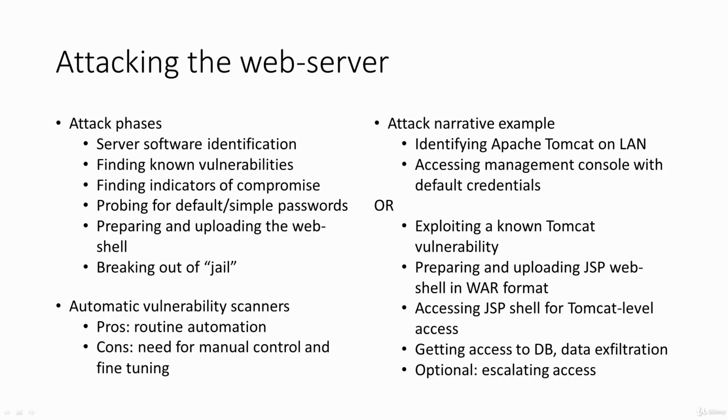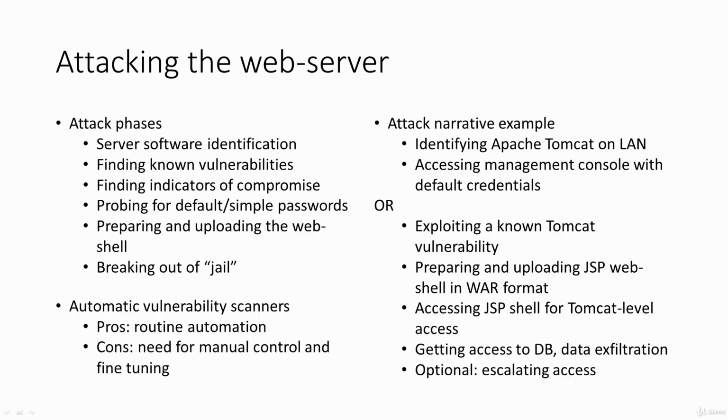Optionally, if the credentials are not default, but the Tomcat installation was not updated recently, for some period of time, you can find a vulnerability that can allow you to get remote code execution, or there are ways to upload JSP to the Tomcat server without actually logging in. There is a way to circumvent that authentication control. There are exploits for that, even in Metasploit, I guess.